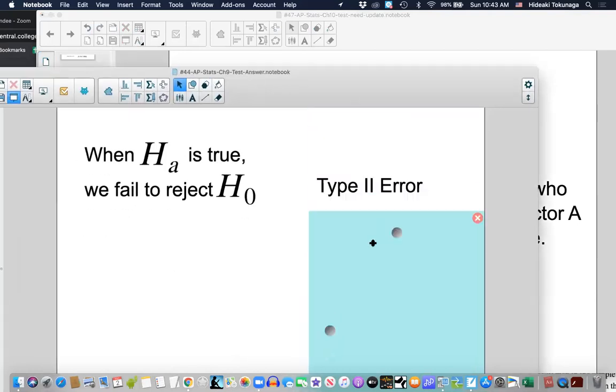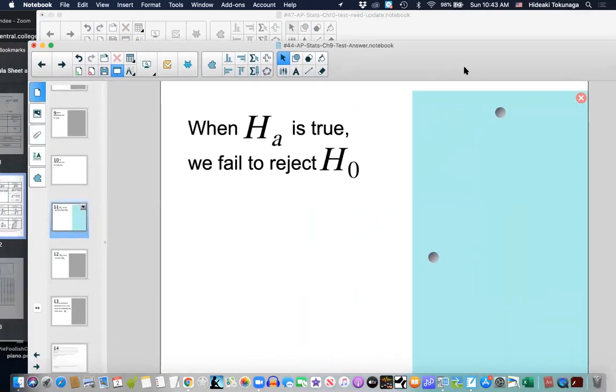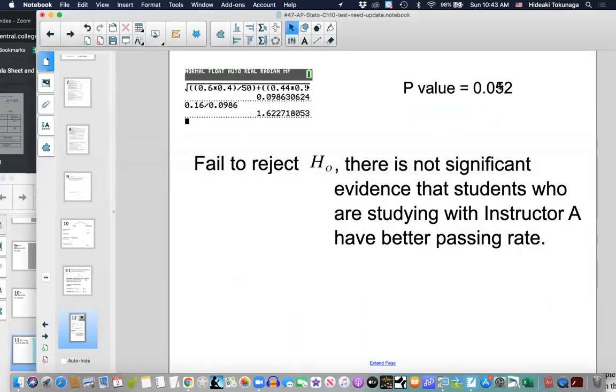Type 1 error, on the other hand: what if the p-value is low, like 0.049? Then we reject the null hypothesis and say there is significant evidence that students who study with instructor A have a better passing rate. That's how you have to answer.